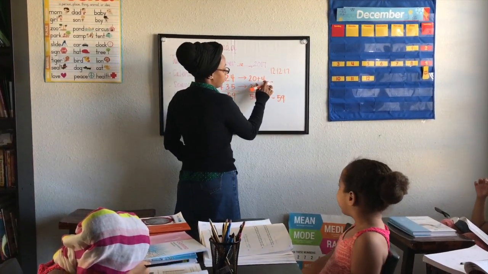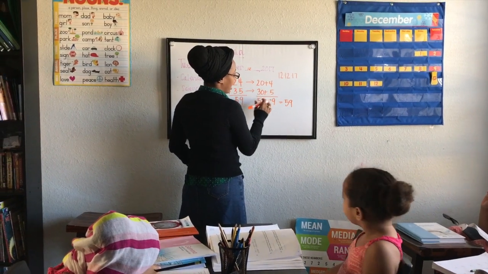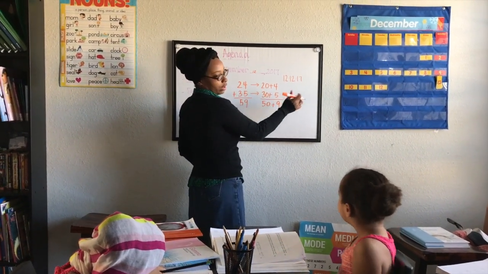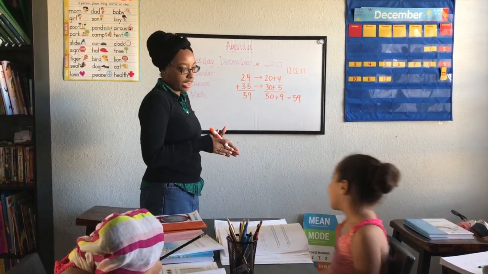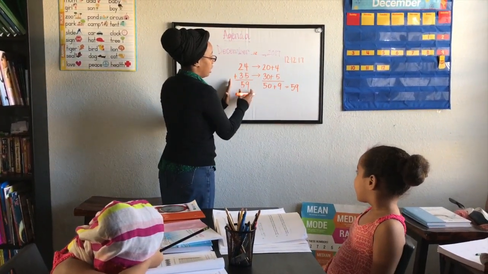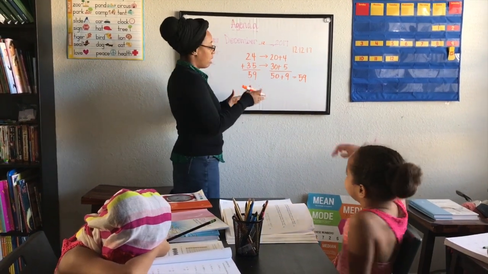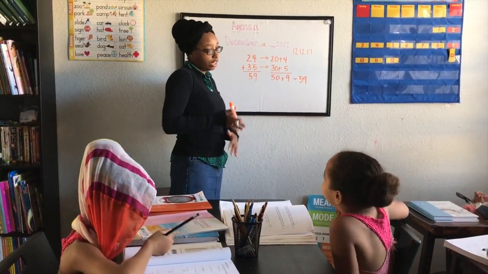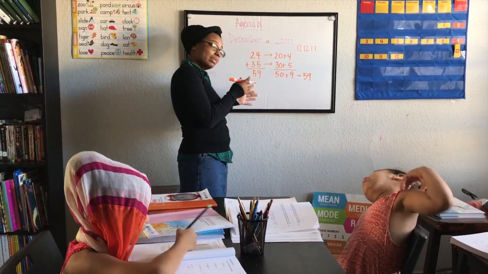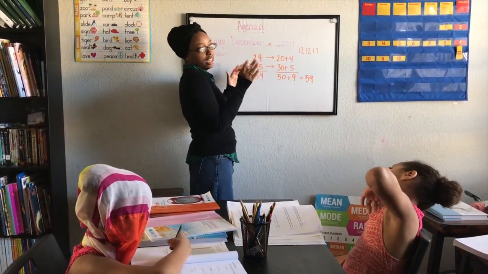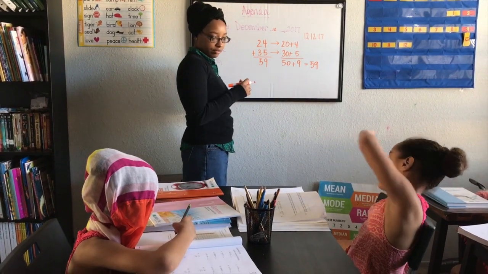And 20 plus 4 and 30 plus 5 is 50 plus 9, or 59. So they're teaching you how to break the numbers down into place value. Remember? Ones, tens, hundreds, thousands, ten thousands, hundred thousands, millions, ten millions, hundred millions, and it just goes on from there.